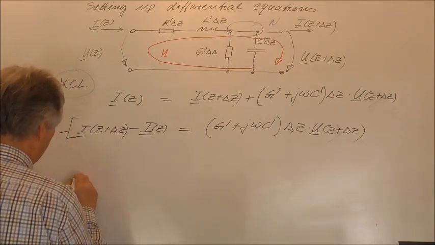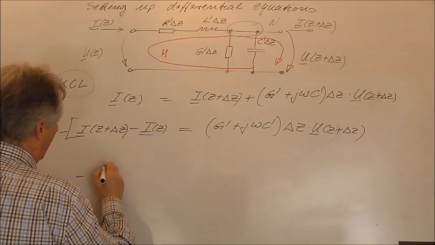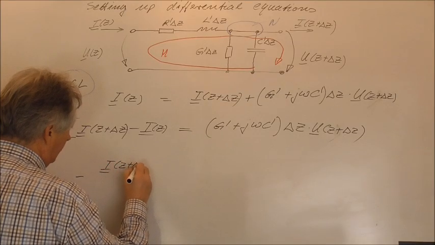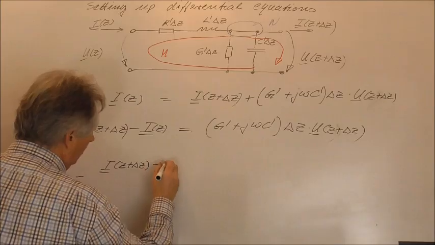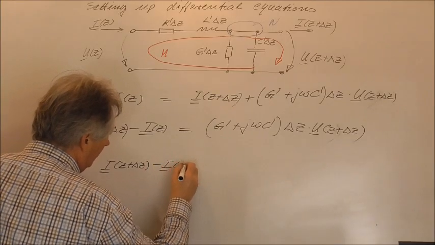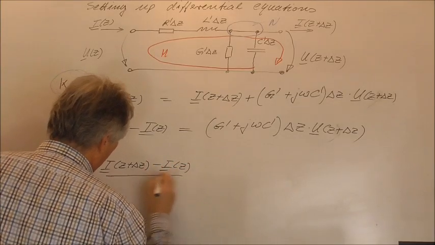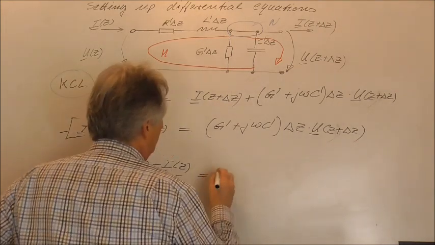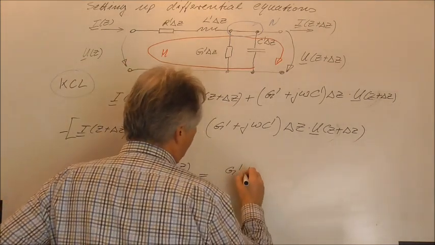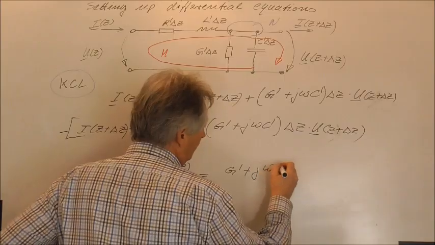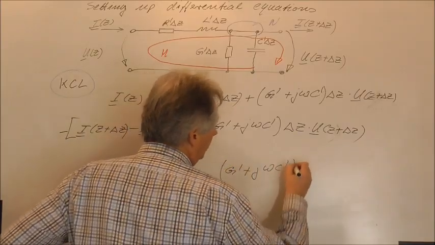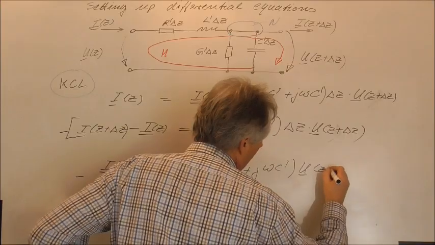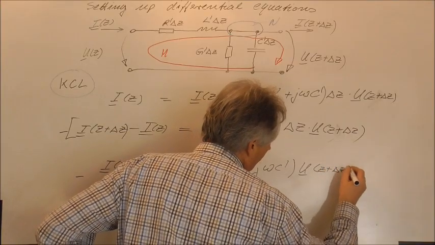So we can write this as minus (I of z plus delta z minus I of z) divided by delta z. This will be (G prime plus j omega C prime) times u of z plus delta z.